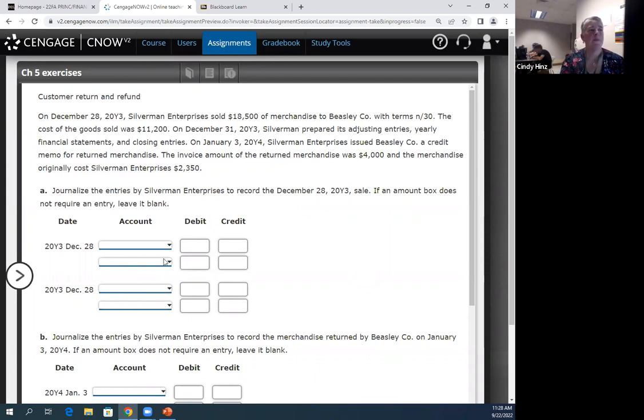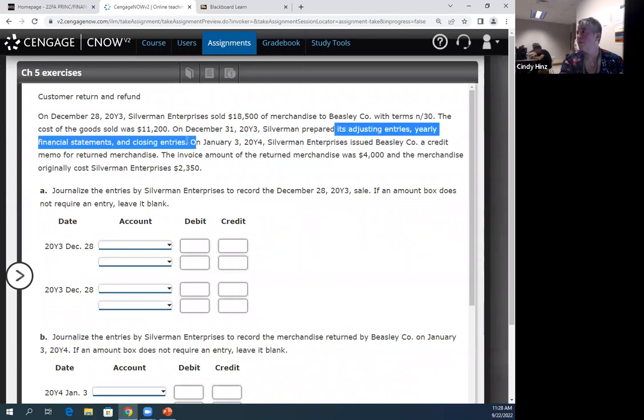I just want to point out, as I read through all of this, we spent some time last class talking about the accounting cycle. And I told you that those closing entries at the end of the year, this is their yearly year-end close. Those closing entries would not have been done on December 31st.